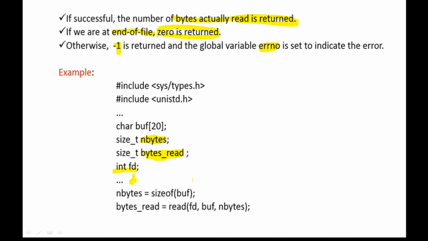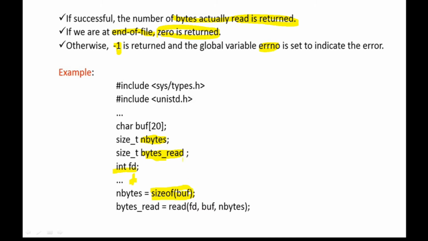So now I will think I have opened the file and that file opening has been done successfully. See here, nbytes is equal to the size of the buffer, because I want to specify how many bytes I am going to read.